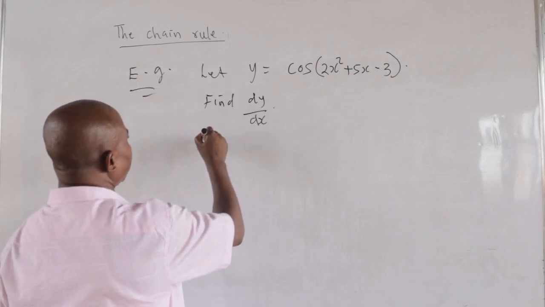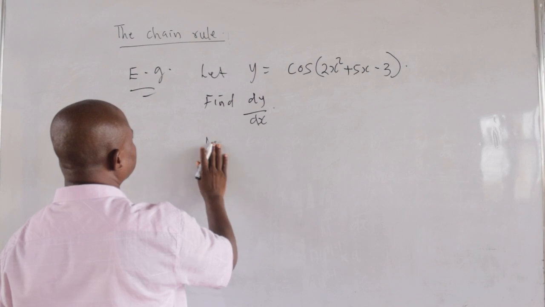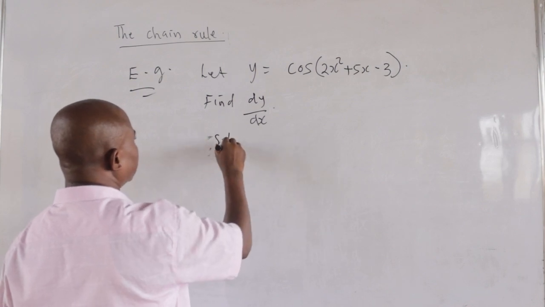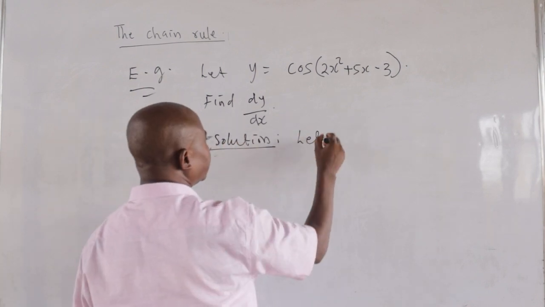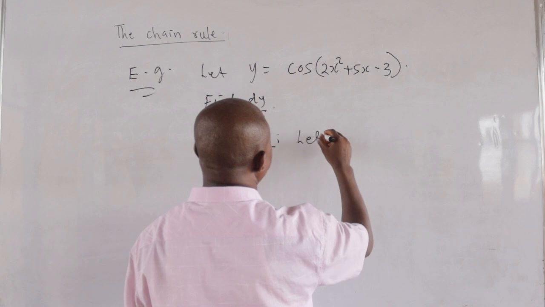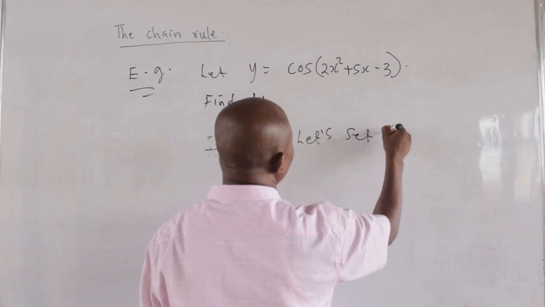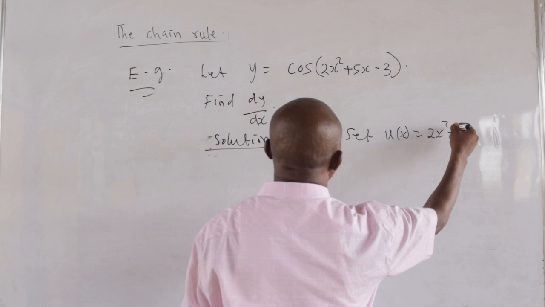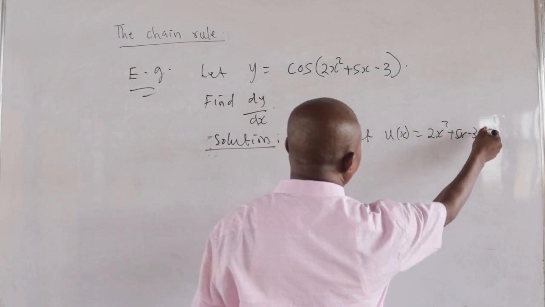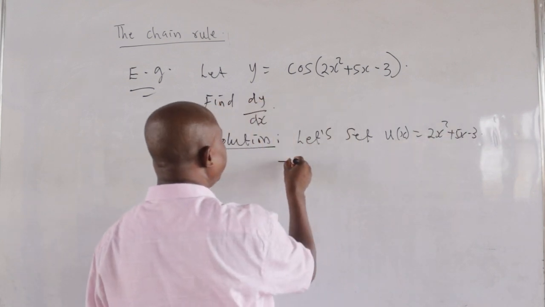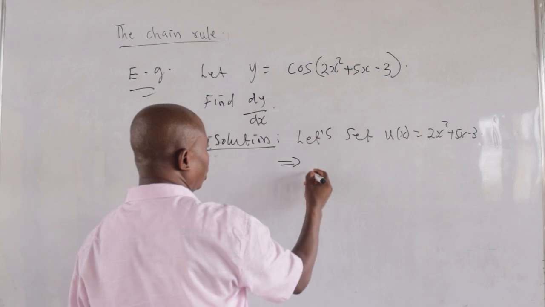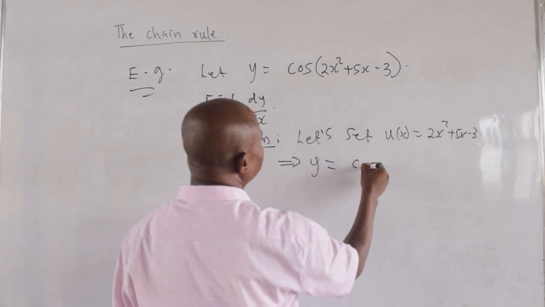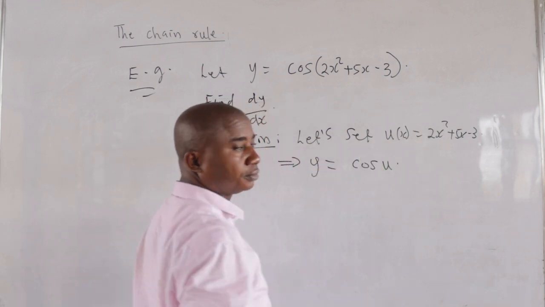Look, let us set, solution. Let us set u of x to be 2x squared plus 5x minus 3. This now means that y alone is equal to cosine of u.